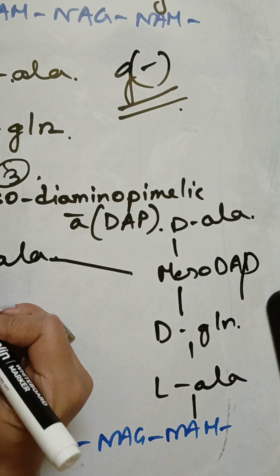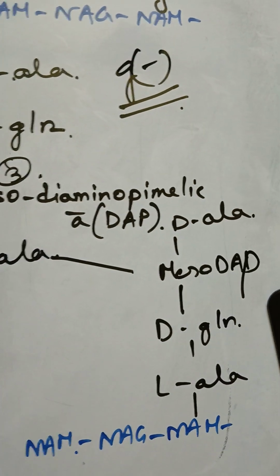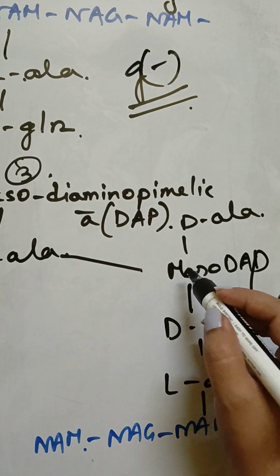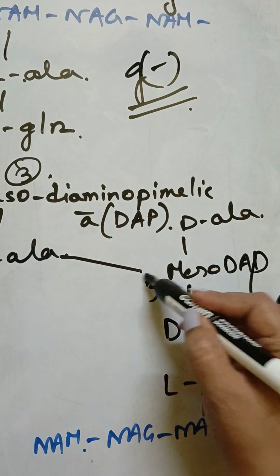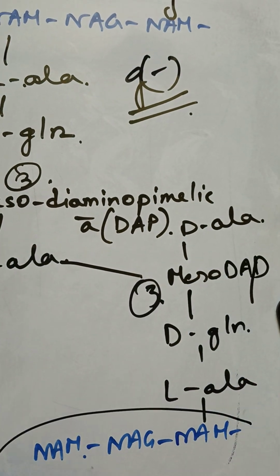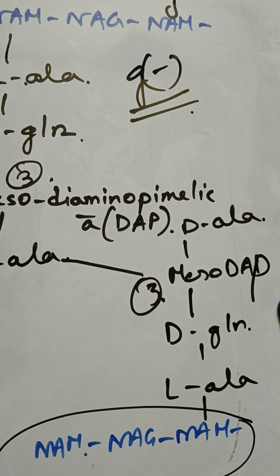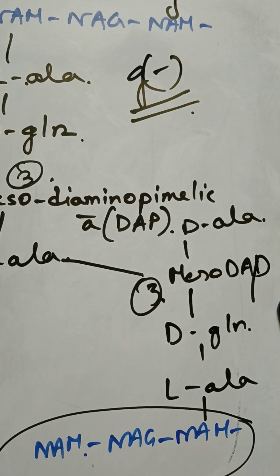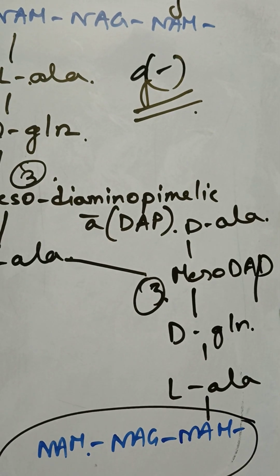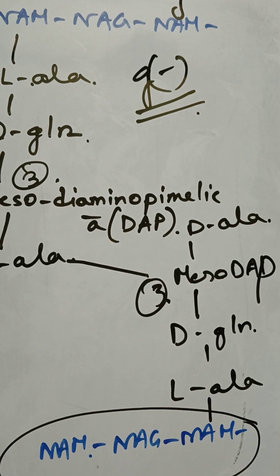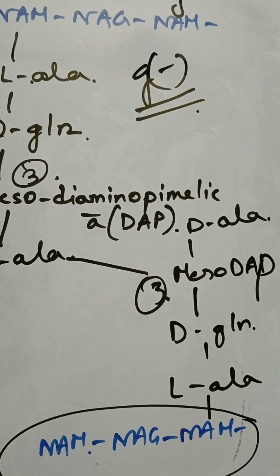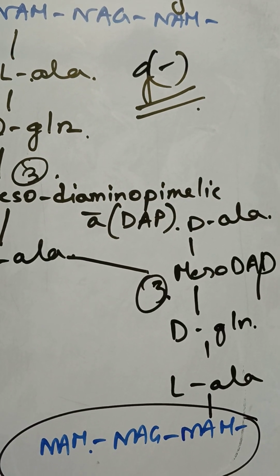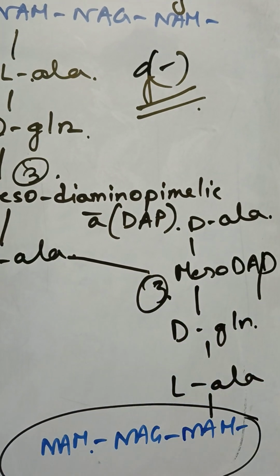The amino acid present in this peptide at the fourth position, that is D-alanine, is always cross-linked with the mesodiaminopimelic acid, which is present at the third position in another NAM-NAG residue moiety, and in this way they will cross-link with each other and make a PDG strand, and each PDG strand will again be cross-linked with each other to make a complete peptidoglycan layer. But yes, in this case this layer is much thinner as compared to the gram-positive one.